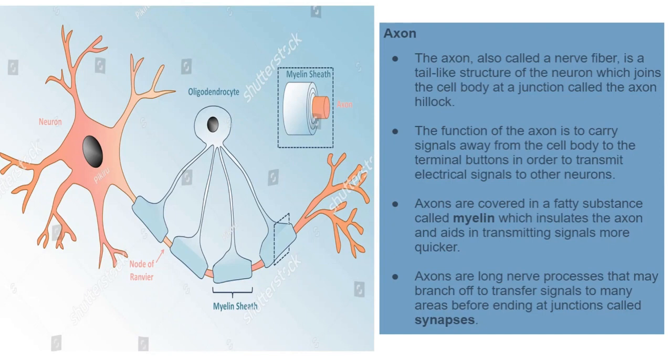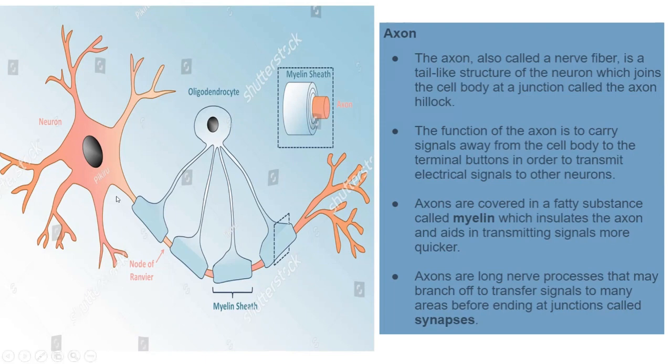Axons are covered in a fatty substance called myelin, which insulates the axon and aids in transmitting signals more quickly. Axons are long nerve processes that may branch off to transfer signals to many areas before ending at junctions called synapses.